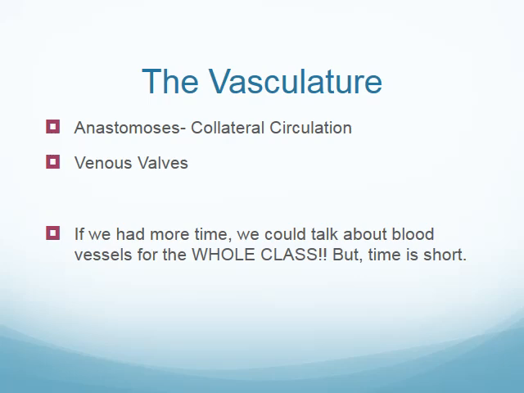Collateral circulation means that you have a blood vessel that runs with a given vessel and allows you to have a backup that runs right beside it and can take over the workload if the main vessel is compromised. For example, a myocardial infarction, which we'll get into later, is where you have a clot in one of the coronary arteries.